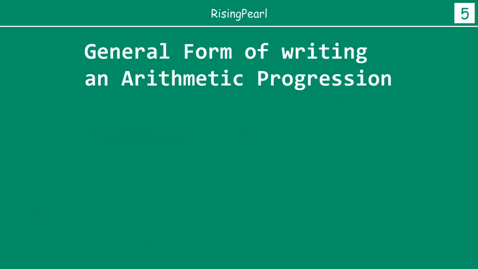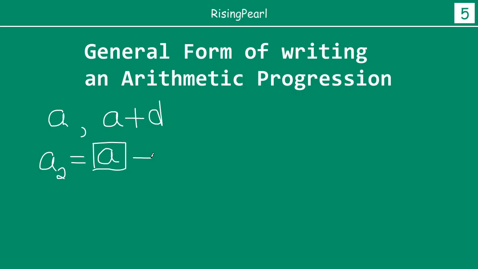Now one other thing I want to mention before we wrap up is that the first term is represented by A. The second term is represented by A plus D, because remember, the second term is obtained by adding the common difference to the first term. So the first term is A, and if the common difference is D, I can add D to A, and that gives me the second term.